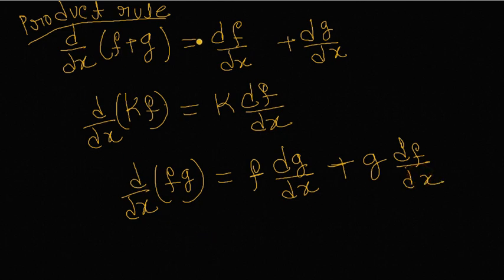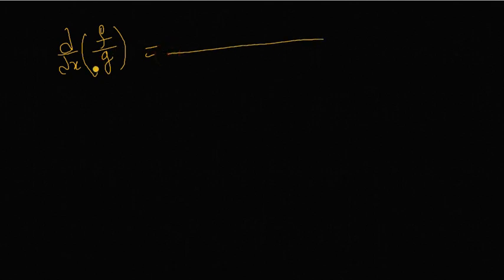Now if we take the derivative of a division of two functions, that means d/dx of f by g, we take the square of the denominator and write it in the denominator section.